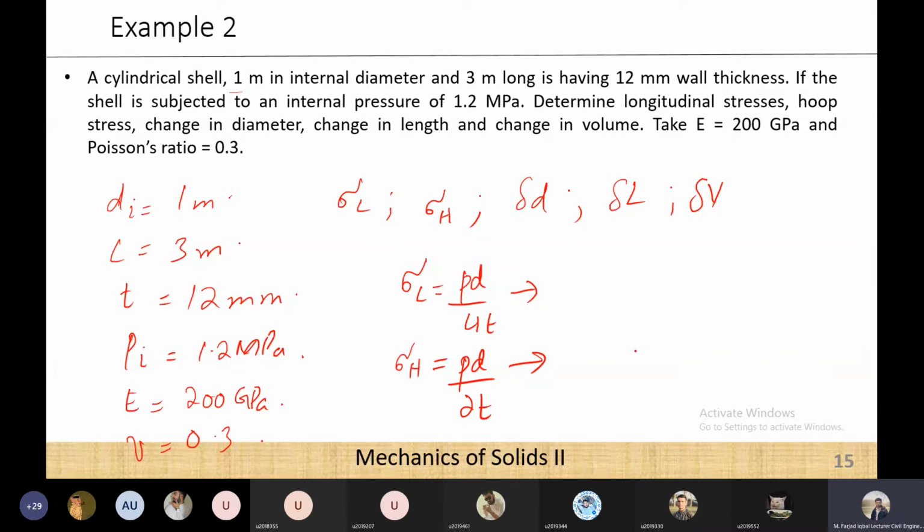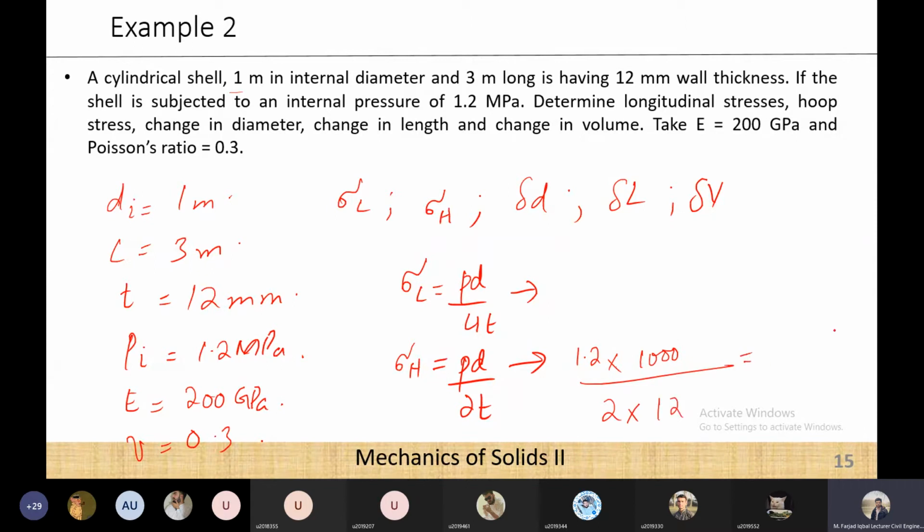So for hoop stress, if I substitute the values over here, the pressure is 1.2 megapascal. So I will keep the units same because megapascal is obviously Newton per millimeter square. Then the diameter is what? Internal diameter is given to us, that is 1000 millimeter, and then we have the thickness as 12 millimeter.